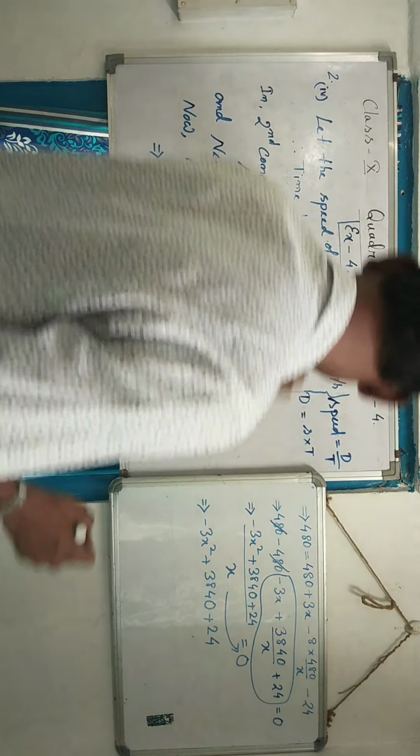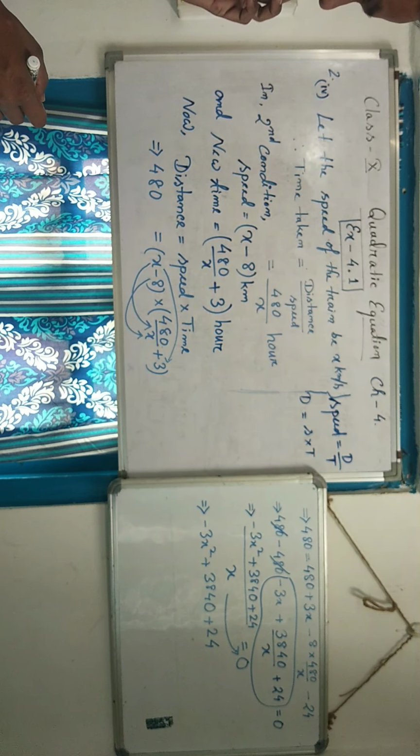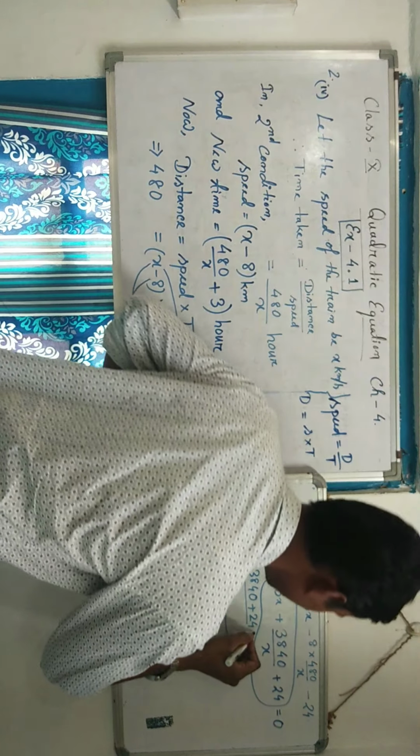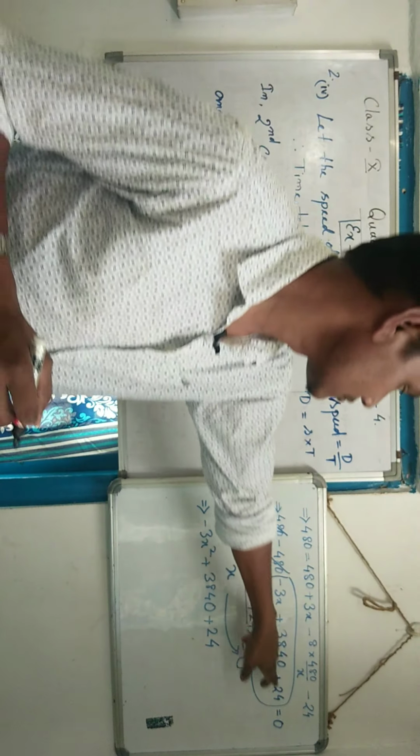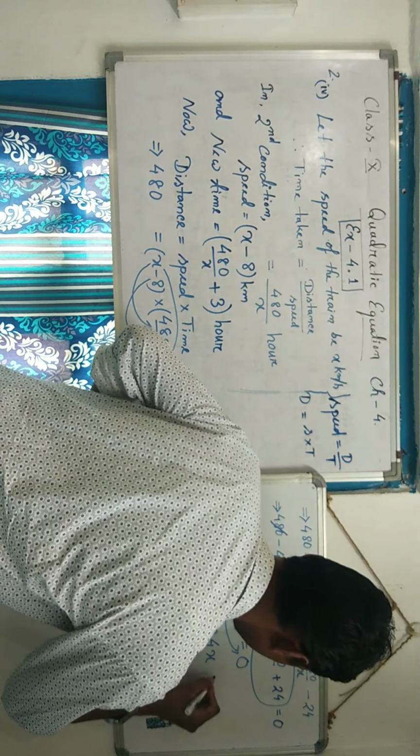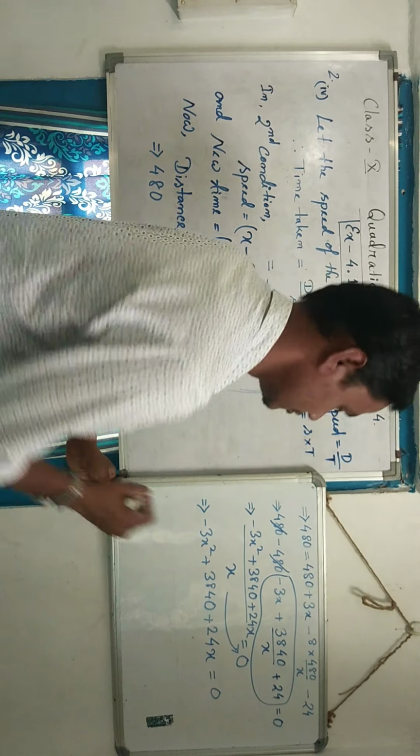So minus 3x square, this one, and after taking LCM it will be 24x. I forgot to write that x, 24x, is equal to 0. x multiplied by 0 will give 0.